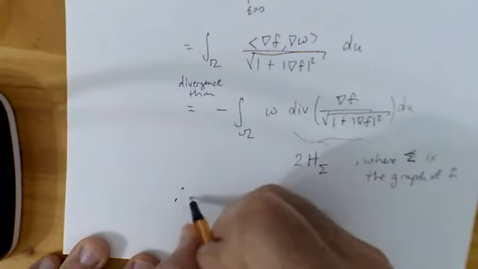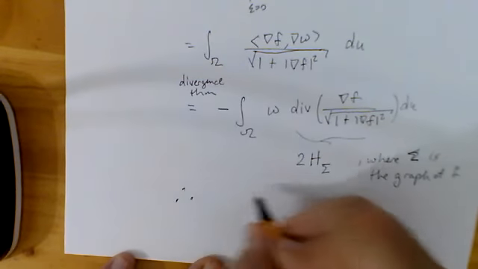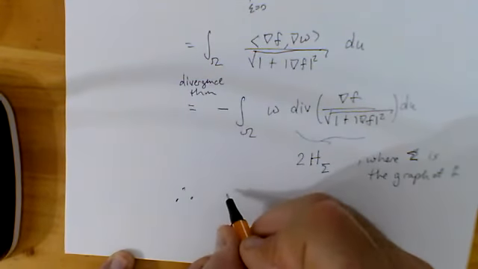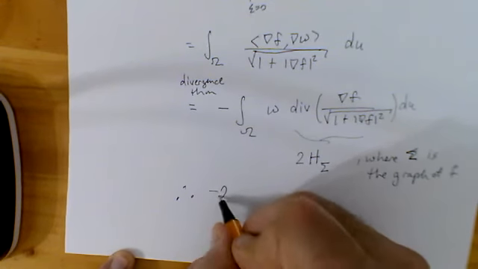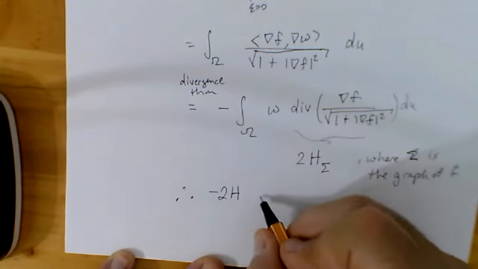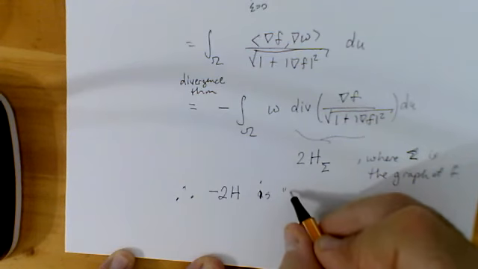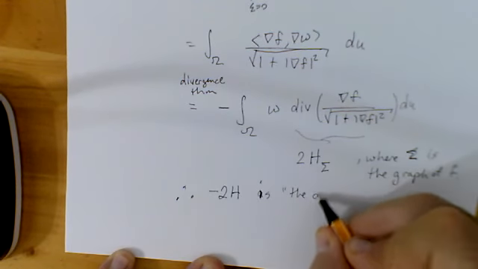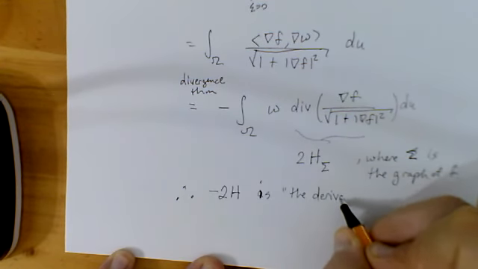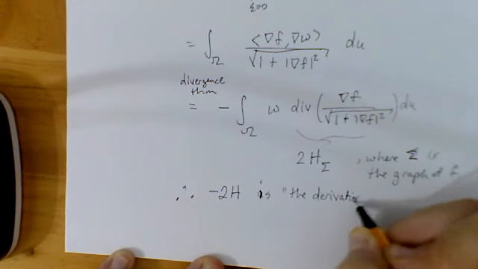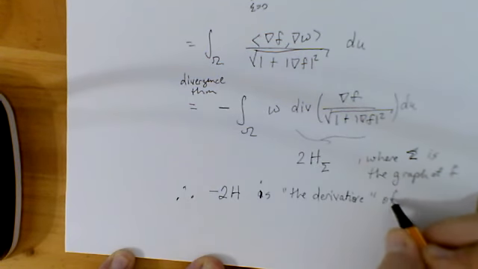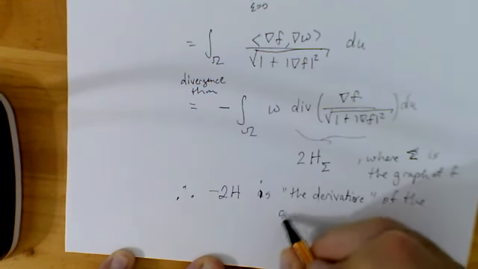So what have I seen here? I've seen that really I should regard minus twice the mean curvature as the derivative of the area functional.